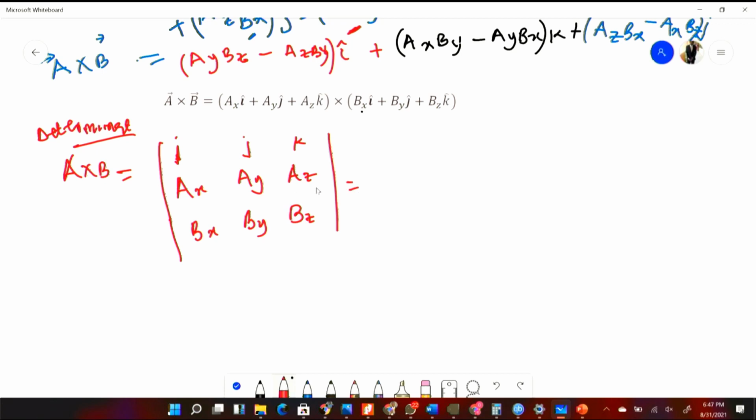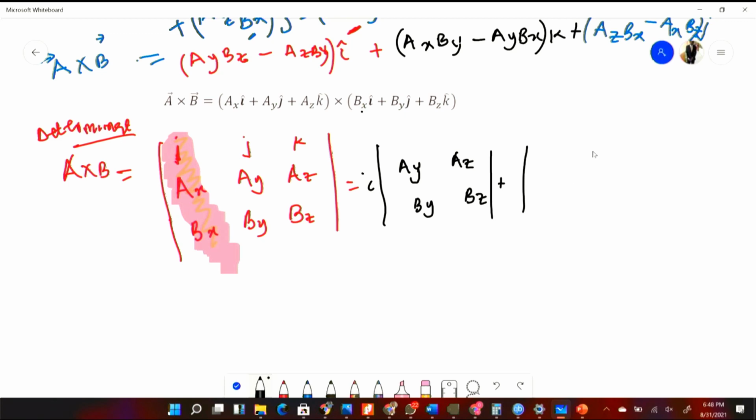So for me to get that, the rule is that I'm going to first cover this, and I'll be left with this matrix, which is ay, az, and by, bz, to represent my i component.